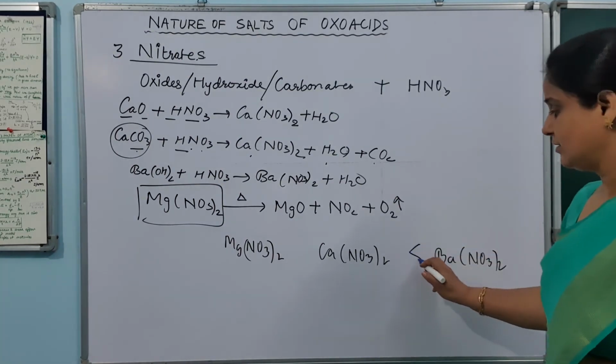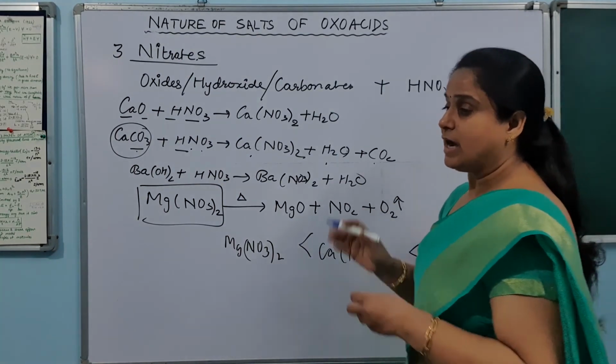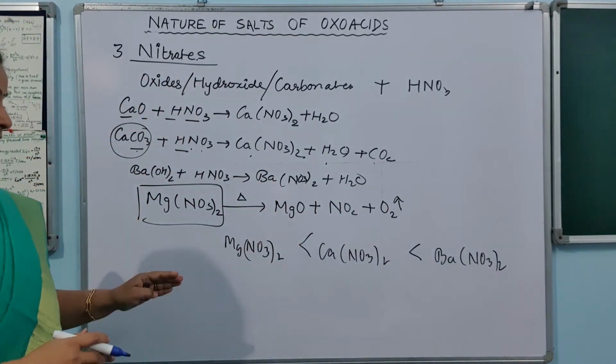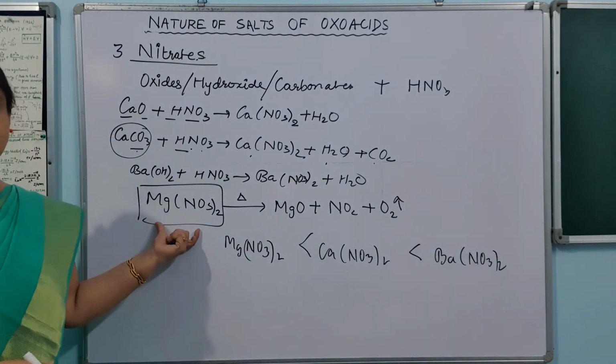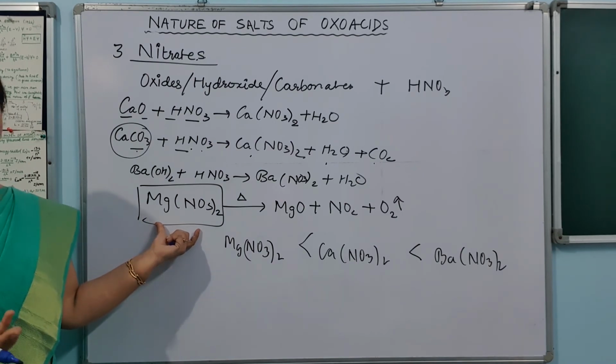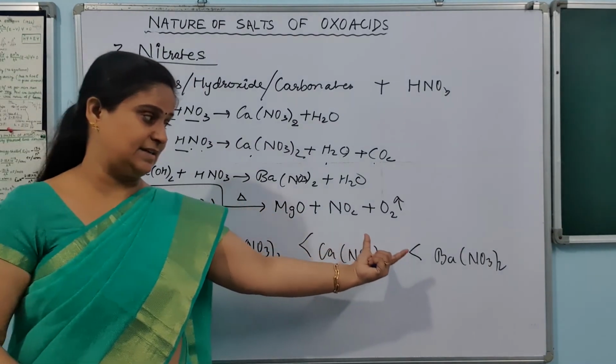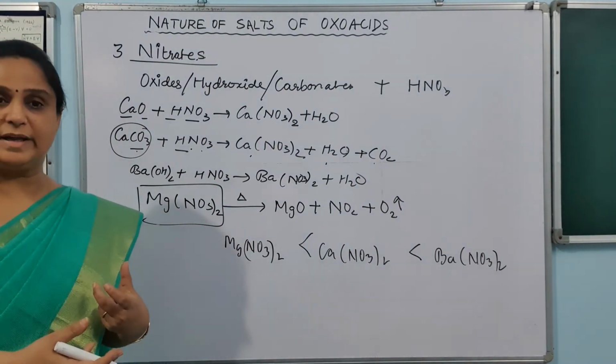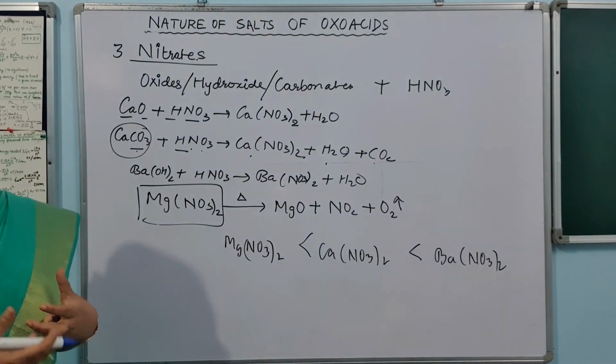So you will use this thing, that is up to down. When we move down, the stability of the nitrates increases. Means the upper ones can be decomposed easily on heating at a lower temperature. But these lower nitrates cannot be decomposed that easily at a lower temperature. They need more energy to be broken down.